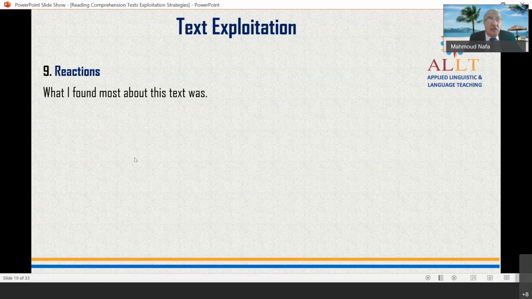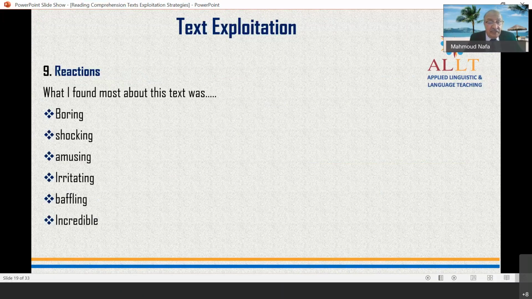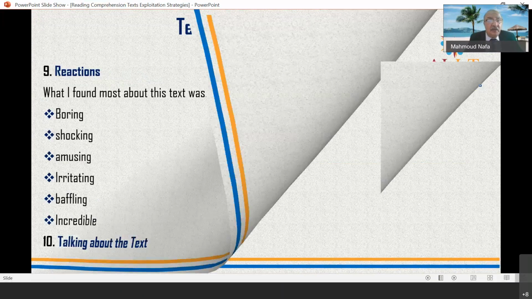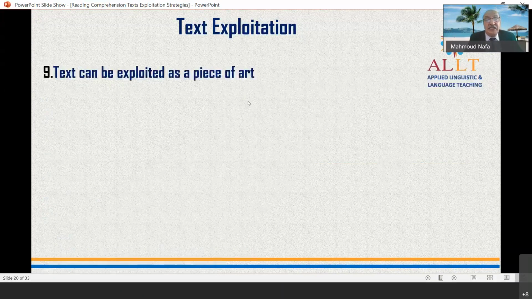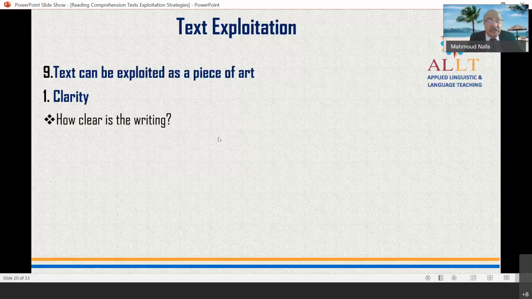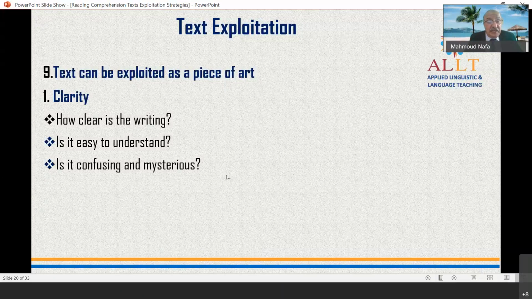Reaction. What I found most about the text was... Now we check their feeling: boring, shocking, amusing, irritating, baffling, incredible. Now, the text can be exploited as a piece of art. Clarity. How clear is the writing? Is it easy to understand? Is it confusing or mysterious?